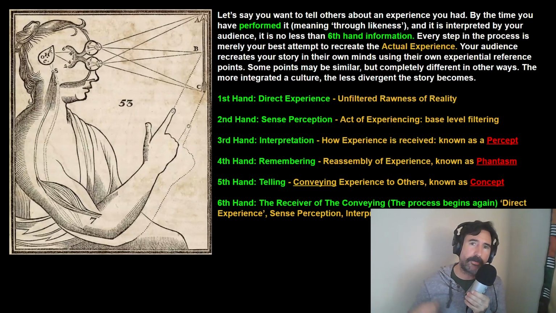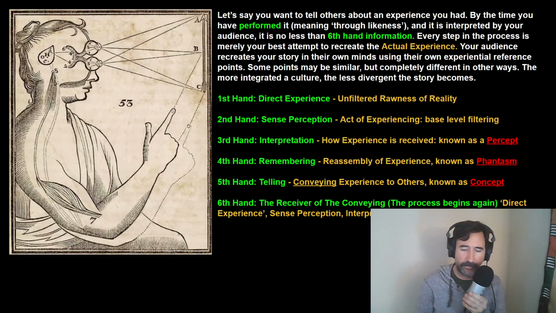By the time you've performed it, perform meaning through likeness, so you're actually trying to recreate it through likeness, and it is interpreted by your audience. Your audience receives the story and interprets it. It is no less than sixth hand information.